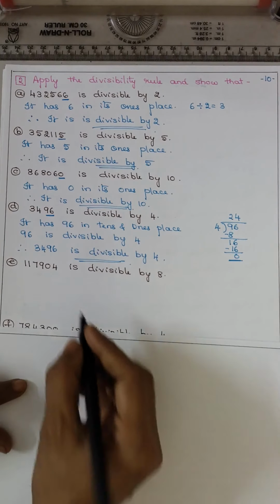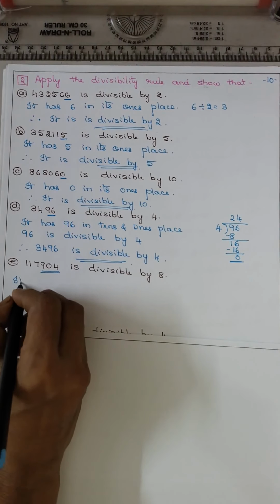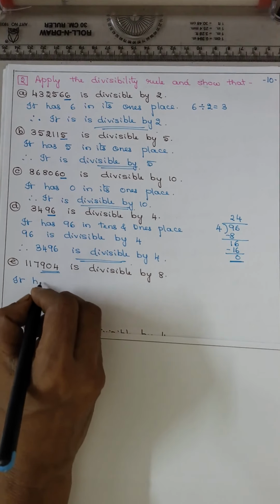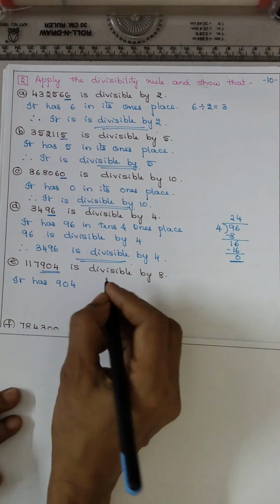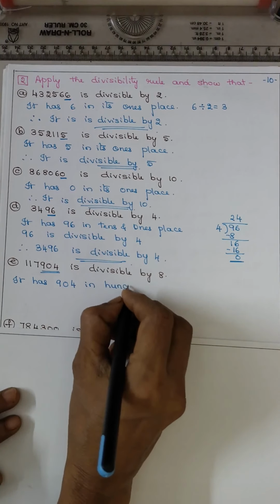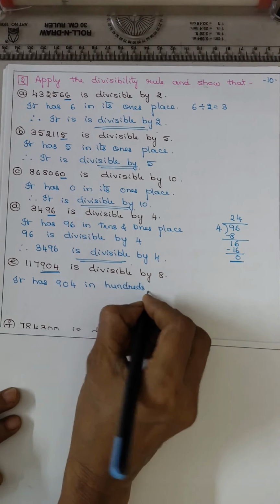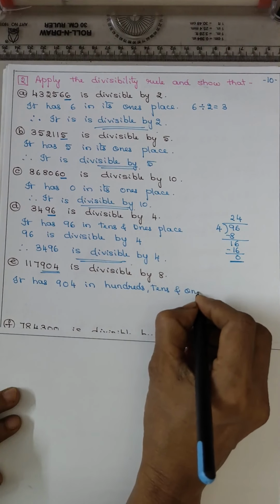Now for 8, last 3 digits, isn't it? It has 904 in hundreds, tens and ones place.